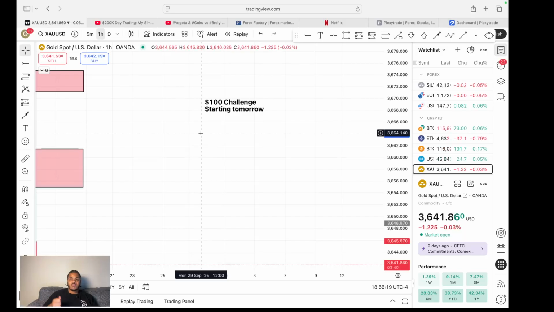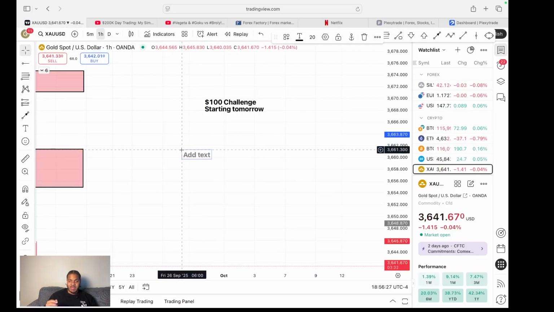You can only risk 20% of your account at any given moment, the most. That's $20. That means the max you can risk on your first trade is $20.